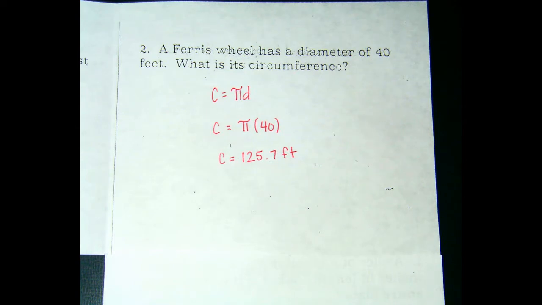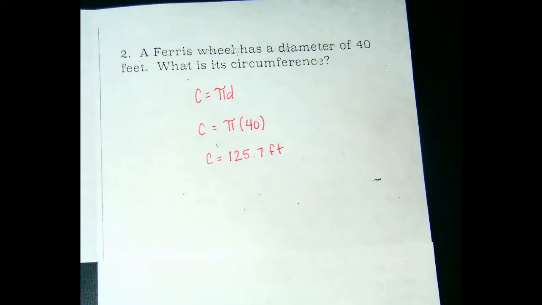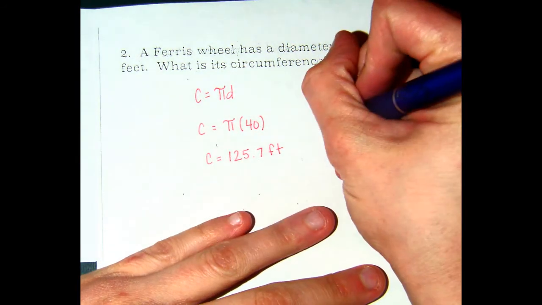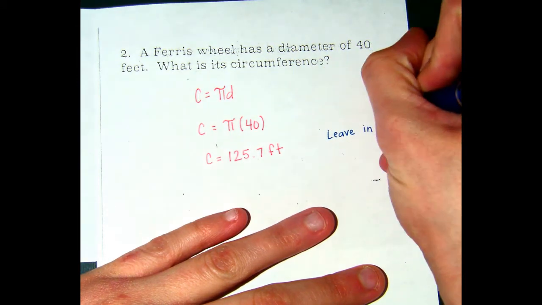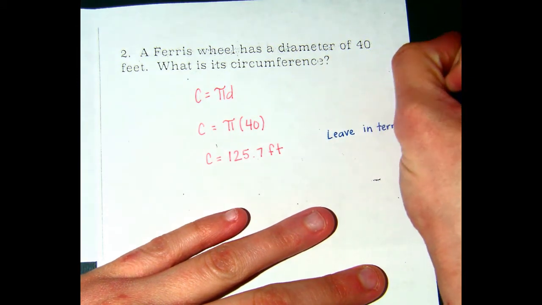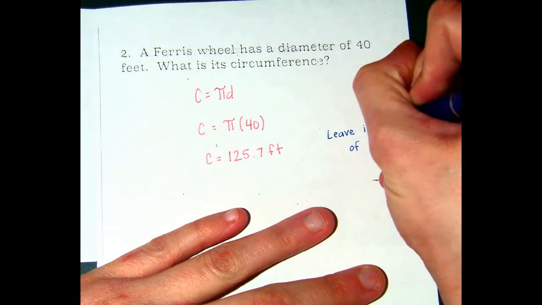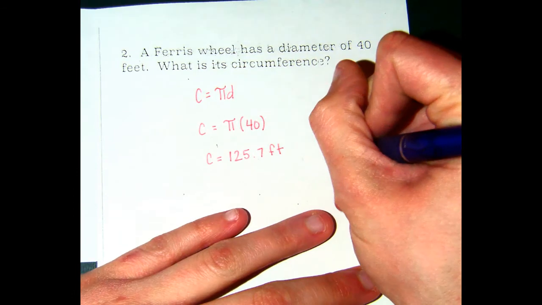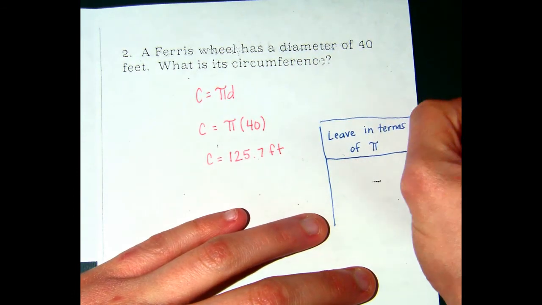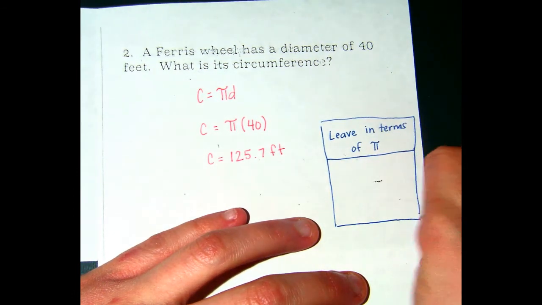Alright, something you should know, we're going to make a small little note here, is sometimes it'll say leave in terms of pi. So, you need to know what that means. Here's what leave in terms of pi means you're going to do.